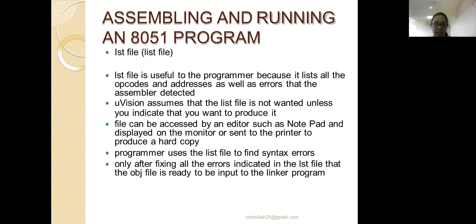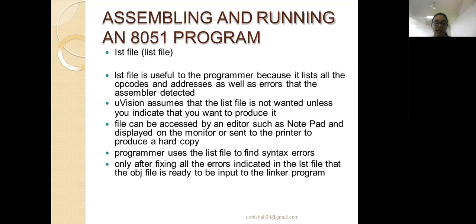Microvision assumes that the list file is not wanted unless you indicate that you want it produced. This file is accessible by an editor such as Notepad, and it is displayed on the monitor or sent to a printer to produce a hard copy.